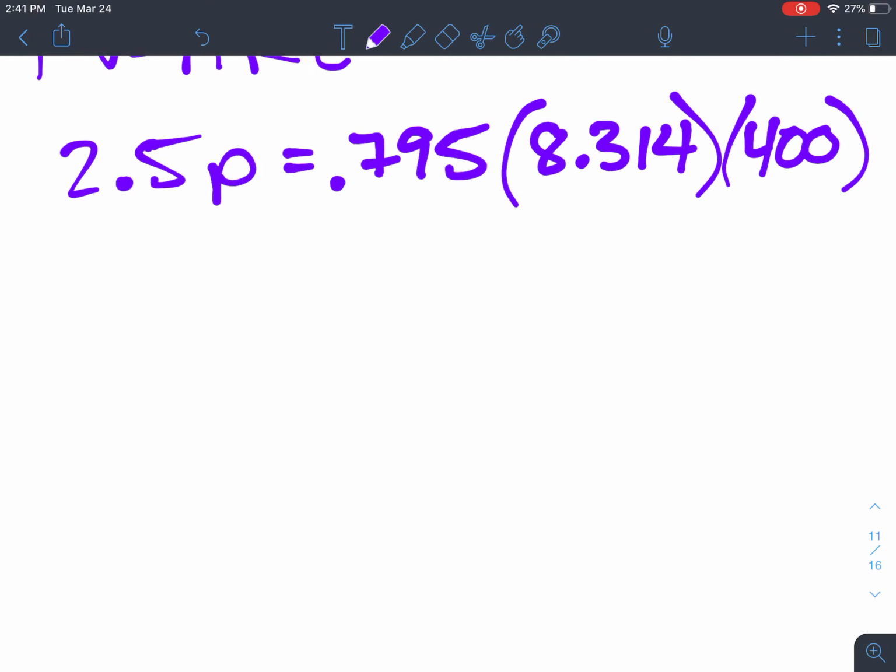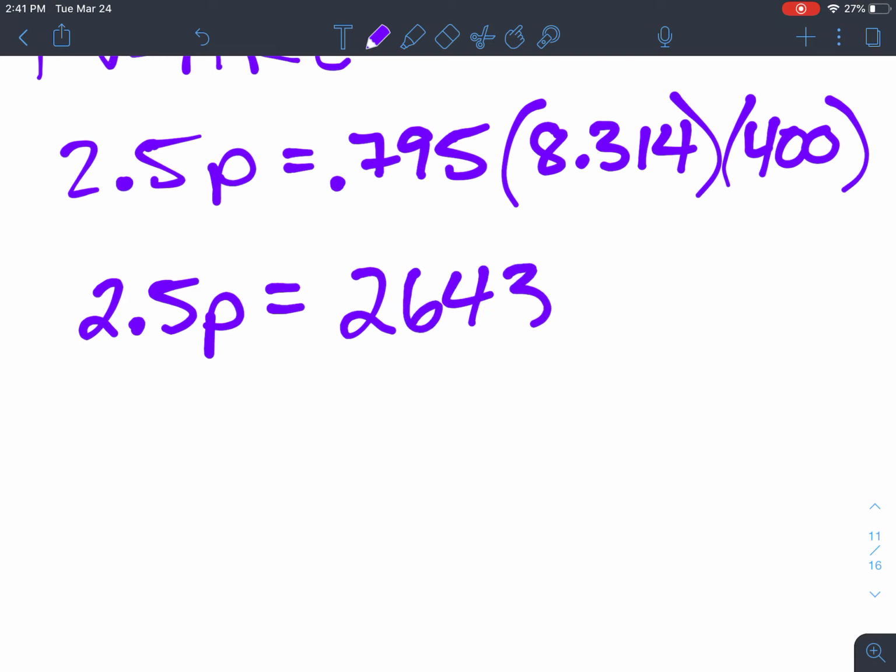So we see here 2.5P is equal to, and we'll calculate this, we'll do 0.795 times 8.314 times 400, and that is 2,643.852. And then we want to isolate our variable. The way we do it is we divide that number by 2.5.